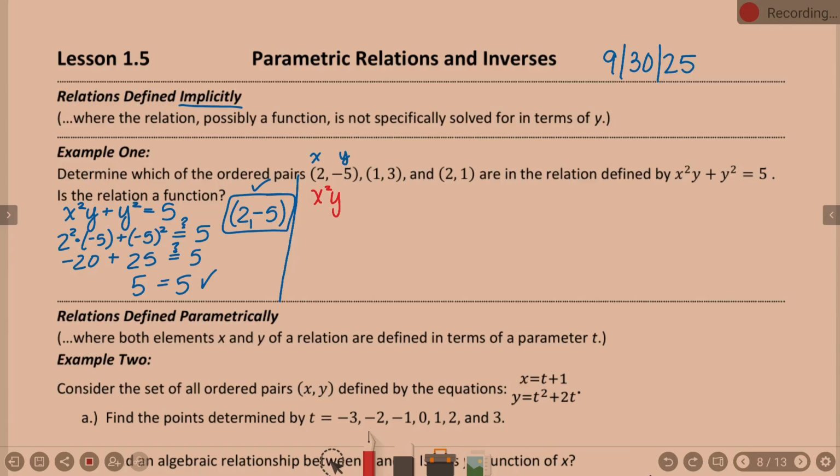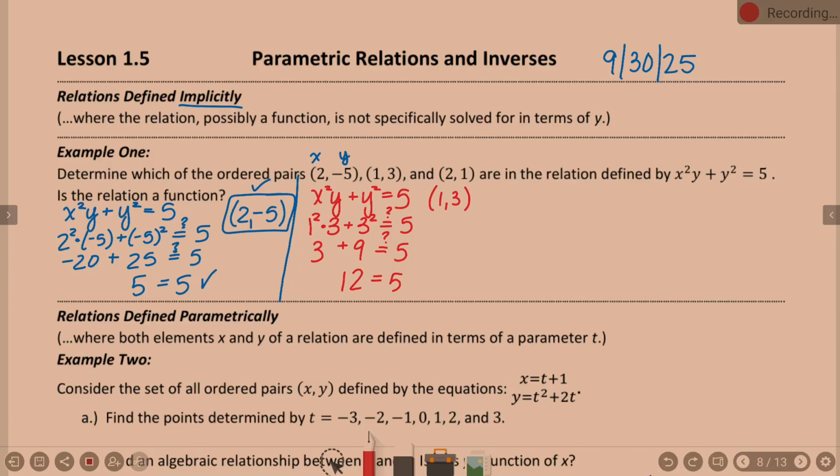So, x squared y plus y squared equals 5. And this time we're going to try (1, 3). So what do we know? 1 squared times 3 plus 3 squared. Does it equal 5? 1 squared is 1 times 3 is 3. 3 squared is 9. 3 plus 9 is 12.